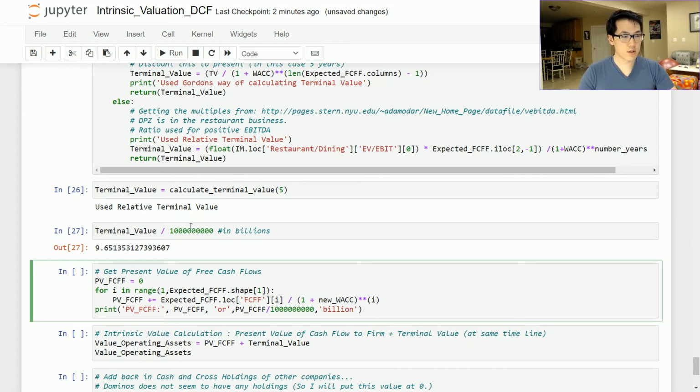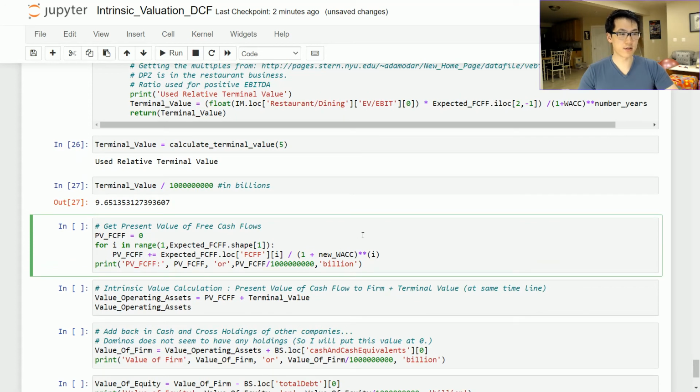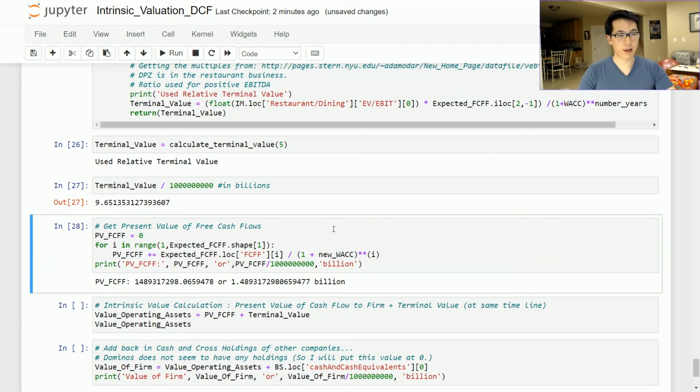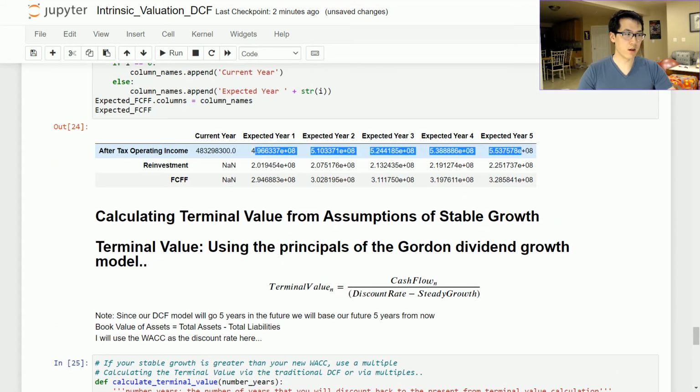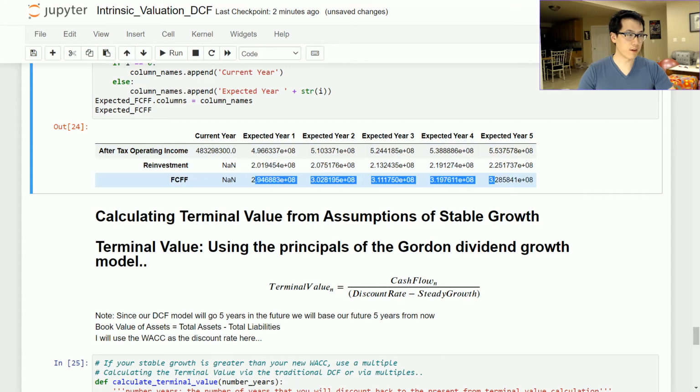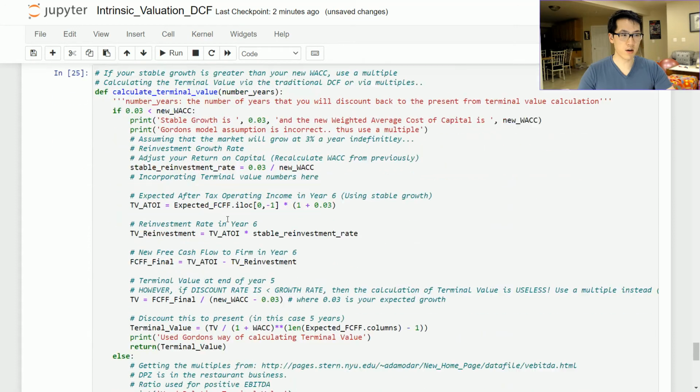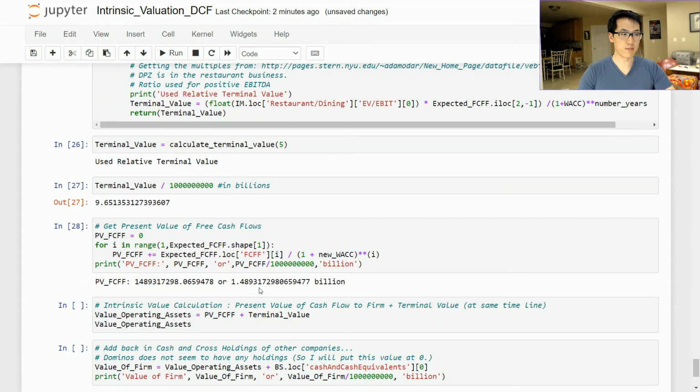So using this terminal value, I just calculated all of my present value free cash flows. Earlier I just wrote it out over here. The free cash flow to firm values are over here. I just discounted that to the current year, which is over here, and that turned out to be $1.48 billion.